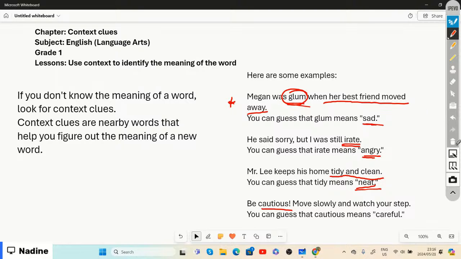All right, so now we're going to aplusstudents.ca, and then we're going to the chapter of context clues, grade 1. And then we're going to do the lesson of use context to identify the meaning of a word.